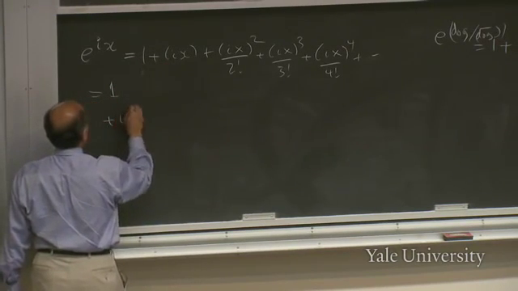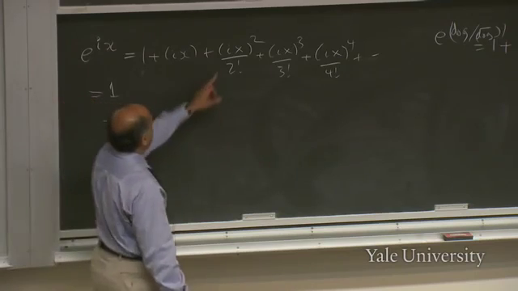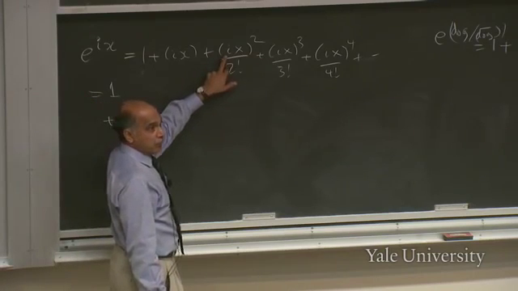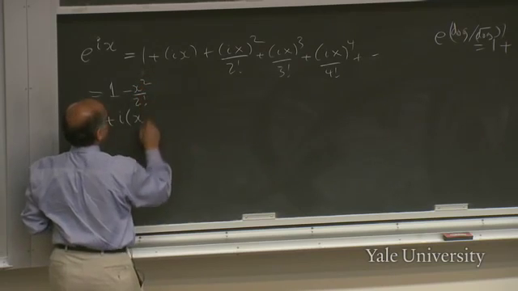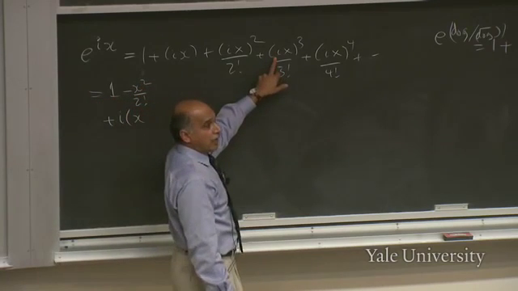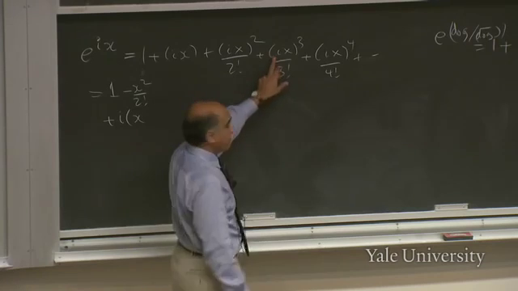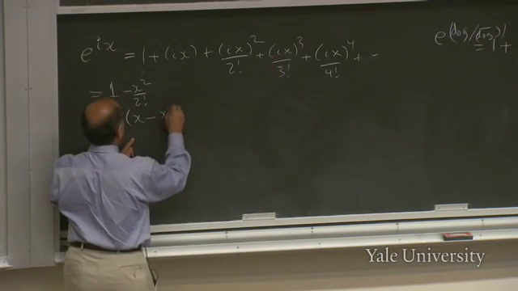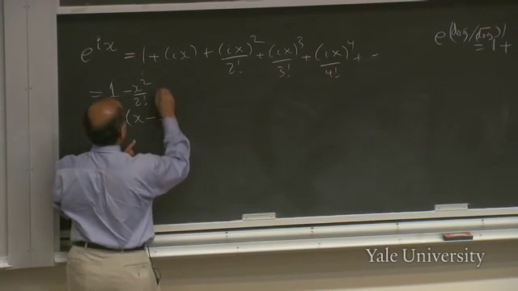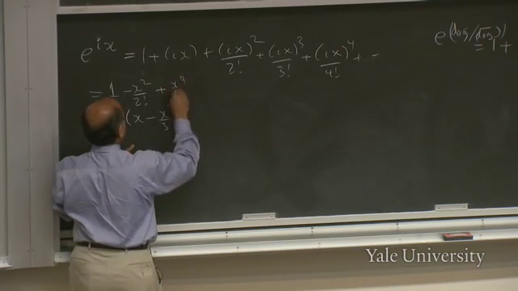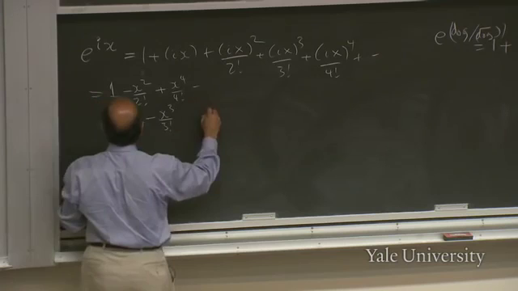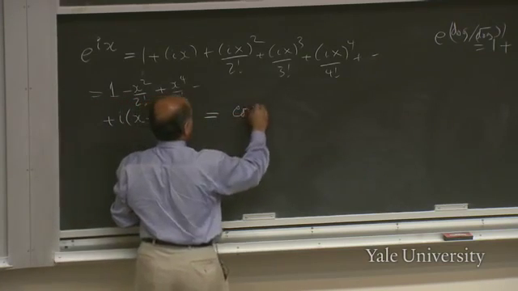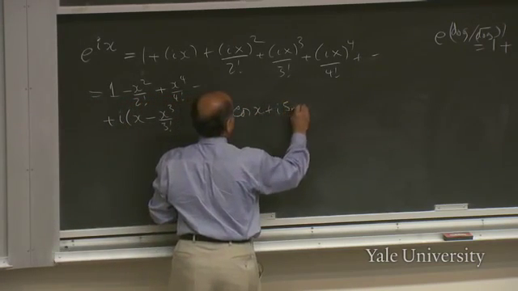You write i times x. Go here. i squared is minus 1. So I get minus x squared over 2 factorial. Then I come here. i cubed is minus i. So I write here minus x cubed over 3 factorial. Then I go back here and write x to the 4th over 4 factorial. By now everybody knows what's going on. Everybody knows that this is just cosine x plus i sine x.